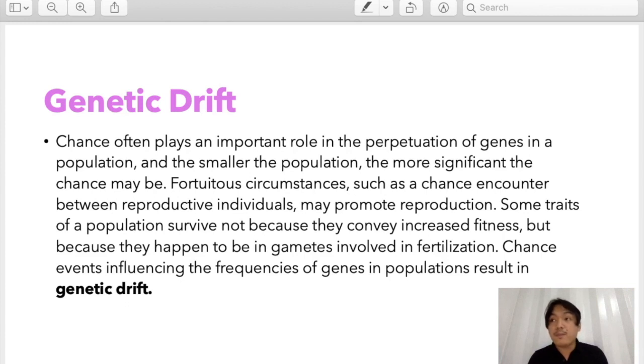So this importance of the gametes in fertilization will help the traits to survive in the succeeding generations. Chance events influencing the frequencies of genes in a population result in genetic drift.